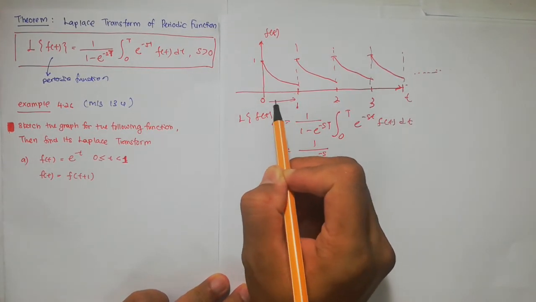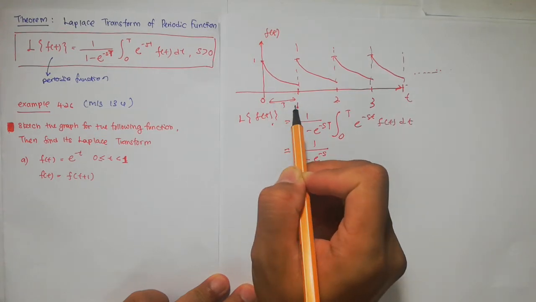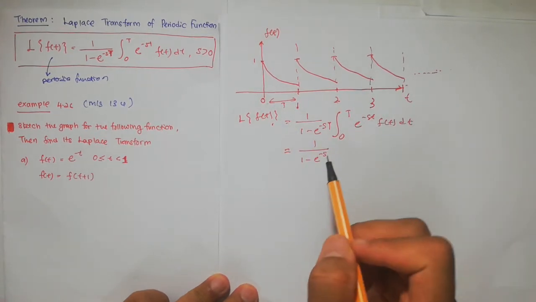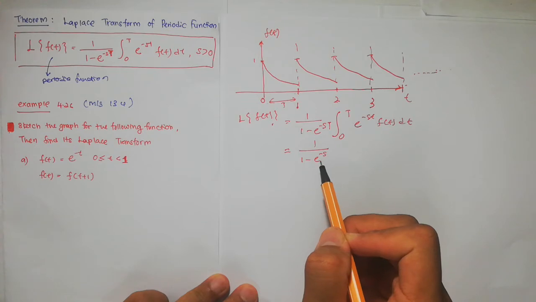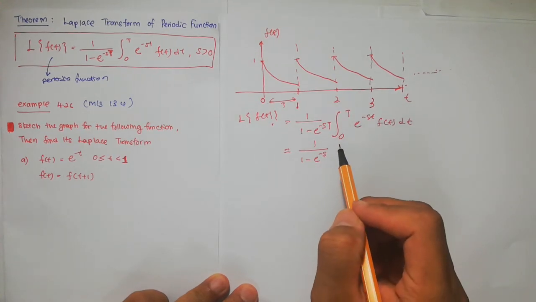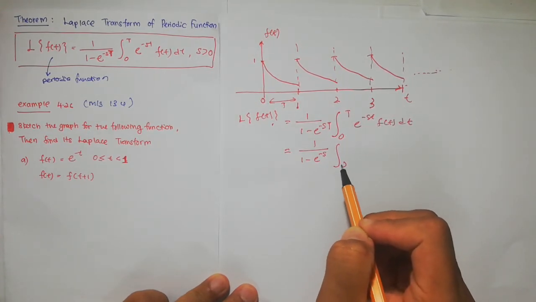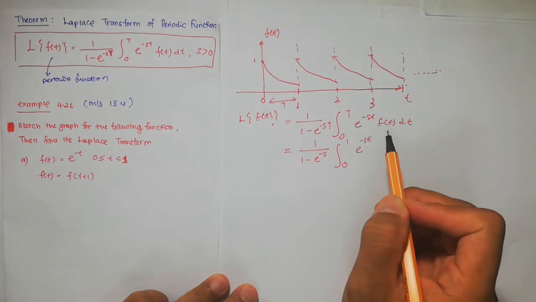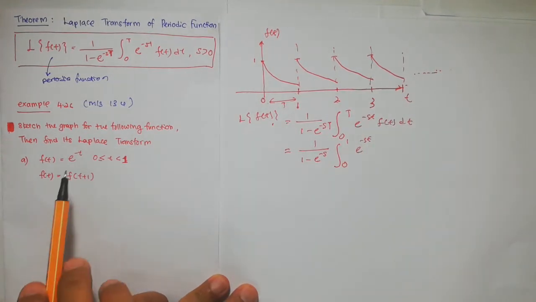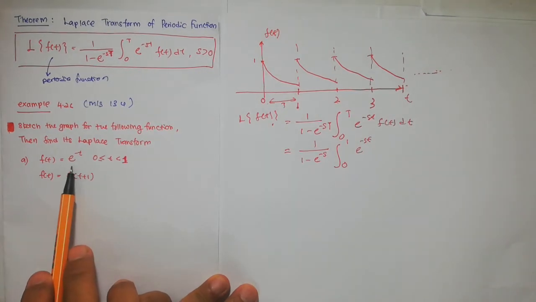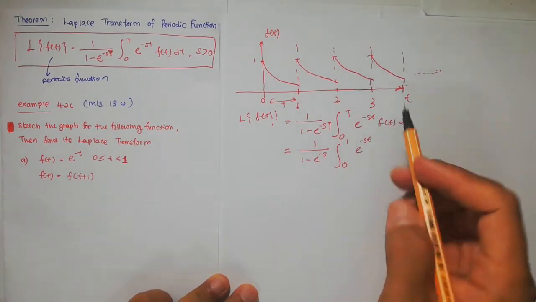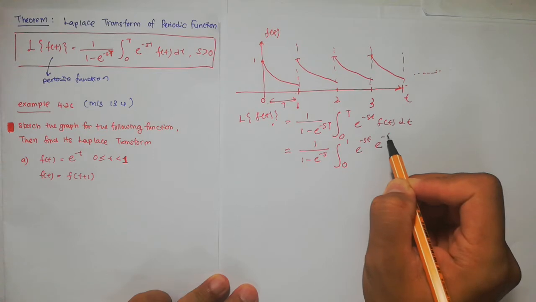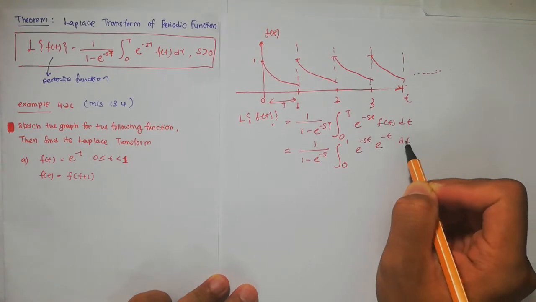For this case, this is our T, which is 0 to 1, and T is equal to 1. So we have exponent negative s, and the integration is from 0 to 1, exponent negative st, and f(t) is exponent negative t, which is coming from here. So we have exponent negative t dt.